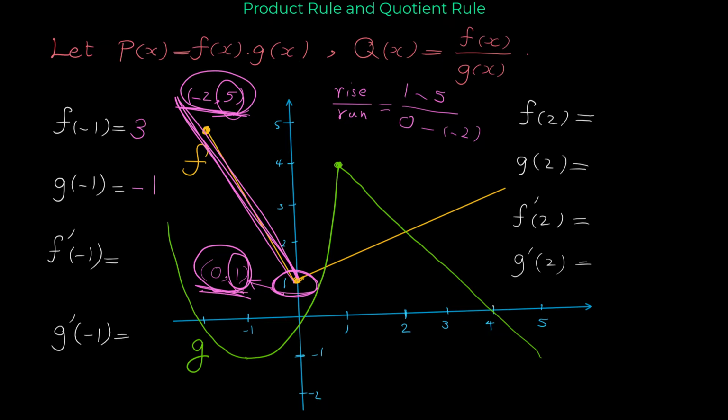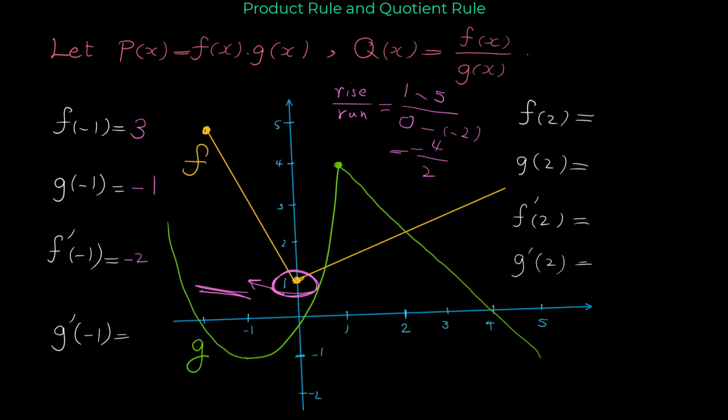Numerator is -4, denominator is 2, so this equals -4 over 2. What is -4 over 2? -2. So the slope of this line, or actually f prime of -1, equals -2. Let me erase these. We don't need to have these here. So f prime of -1 is -2.